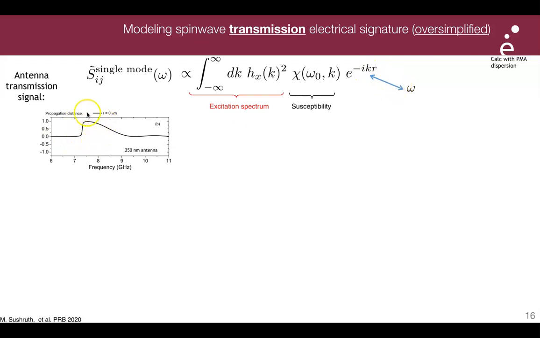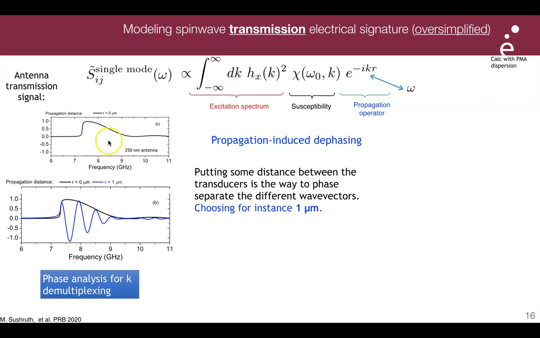So while in reflection you just had an envelope that told you, okay, these spin waves are excited, in the transmission coefficient you will have propagation-induced dephasing, so that you will have transmission spectra that look like that, where in addition you have phase information because each spin wave that is generated has a phase that rotates upon propagating between these two antennas.